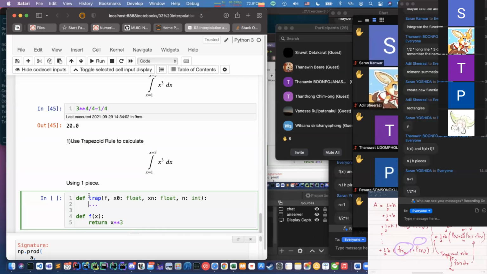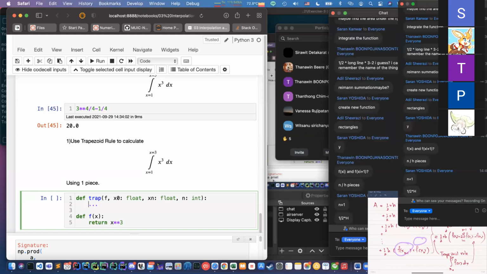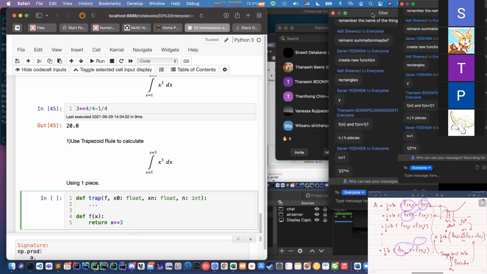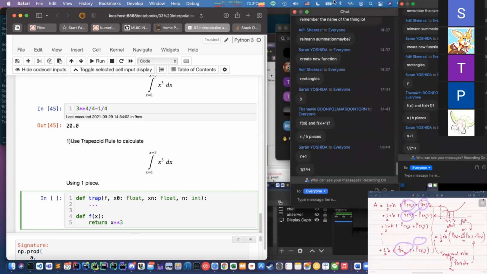You just write exactly the sum on the lower right corner, the sum. Yeah, so you just write the sum over here. Be careful about the first and the last piece, that's all.